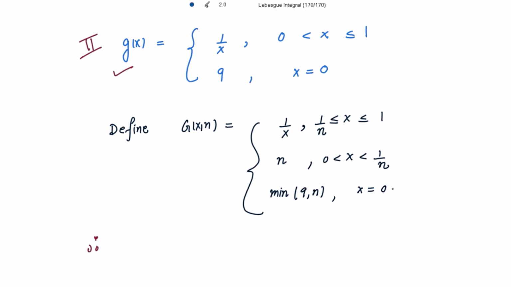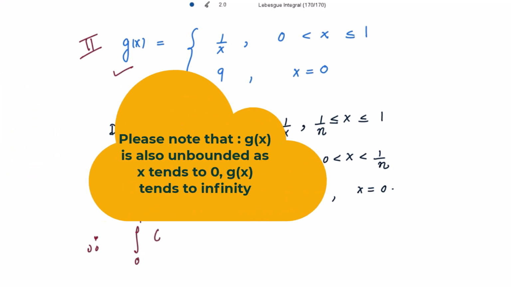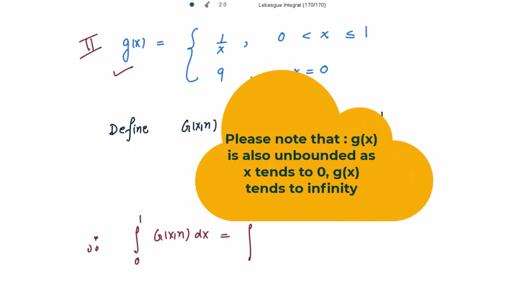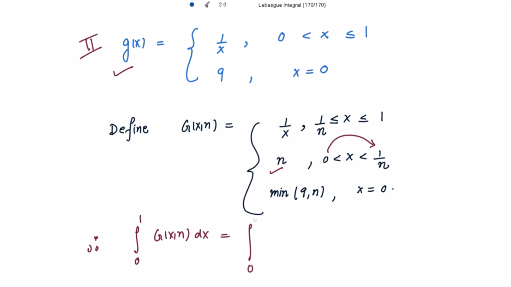So therefore, when taking the integration of g_n(x) from 0 to 1, from 0 to 1 by n, we have this n value. So from 0 to 1 by n, we have n dx, plus from 1 by n to 1, we have this value, and for x equal to 0, we have the minimum of this.